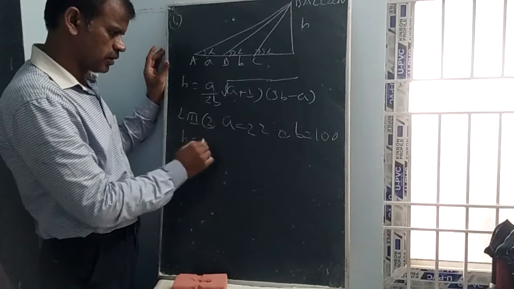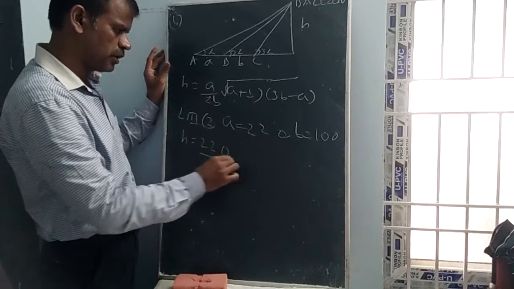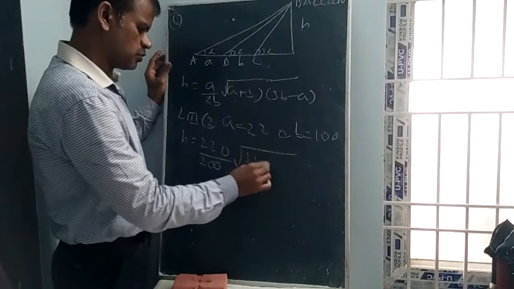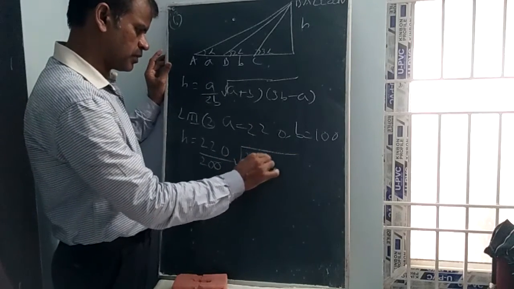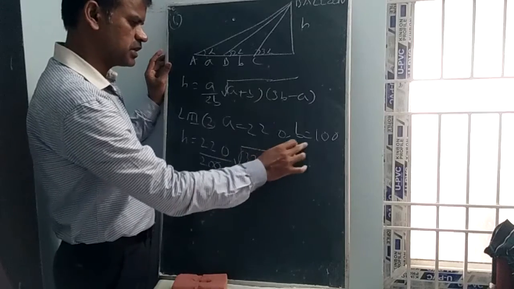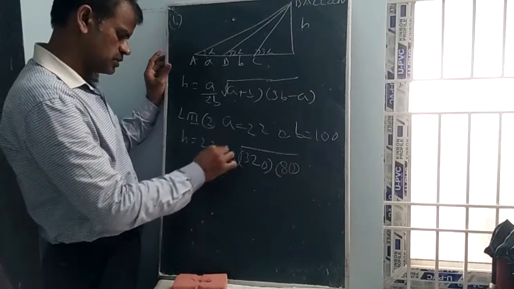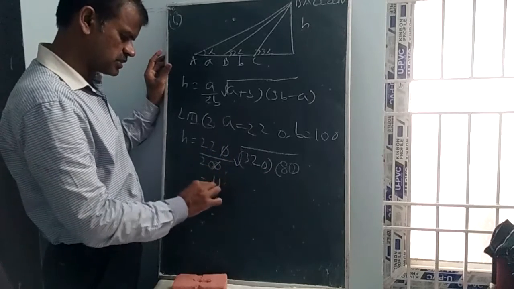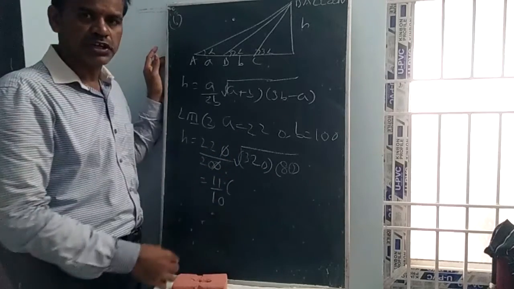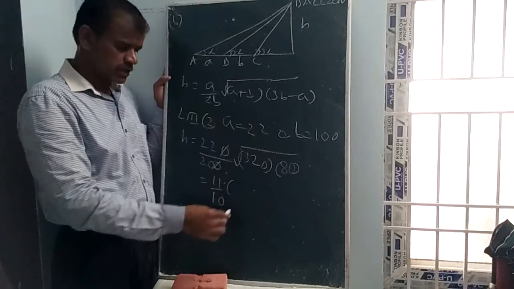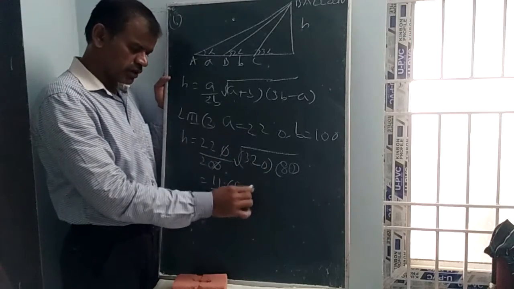Use this formula. a means 220 by 2b means 200, into a plus b. So it is 320. 320 into 3b minus a, 300 minus 220 becomes 80. This 0 will be getting cancelled. This is 11 by 10 into 320, which can be understood as 80 into 4. Here already 80 is there, so 80 you can take common.